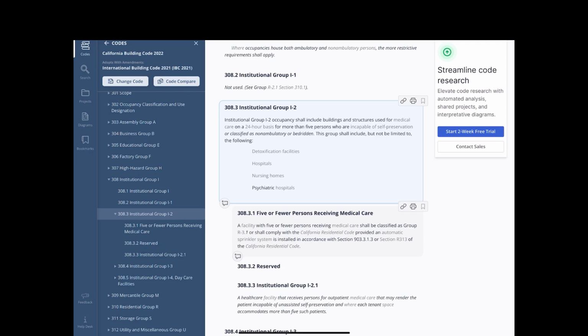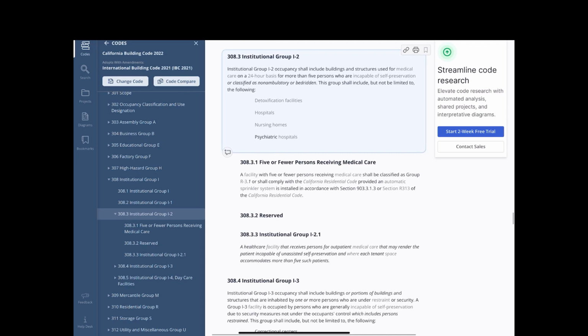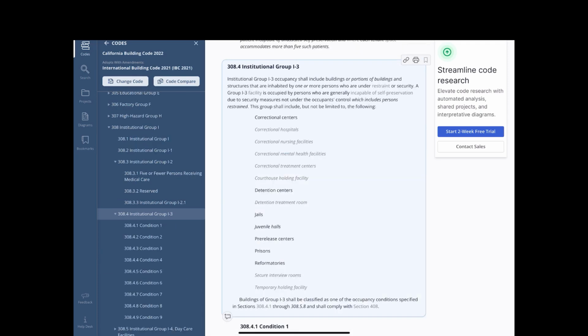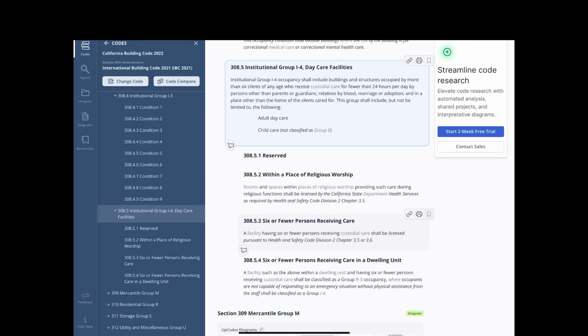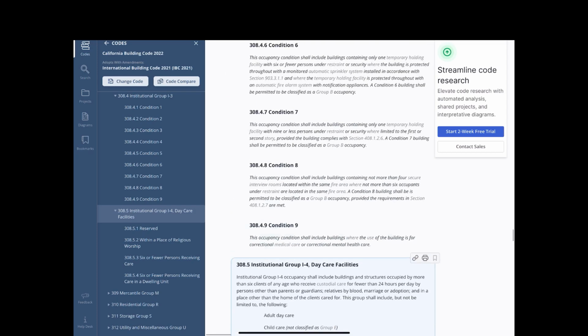There's hospitals, nursing homes, and things like that. So I think this would be a good one. We'll just double check for I3. I3 is really for jails, correctional centers. That wouldn't fall under this group. I4 is also occupied by more than 6 clients who receive custodial care for fewer than 24 hours. But we know that in the question it said under constant 24-hour care. So it's going to be an I2.